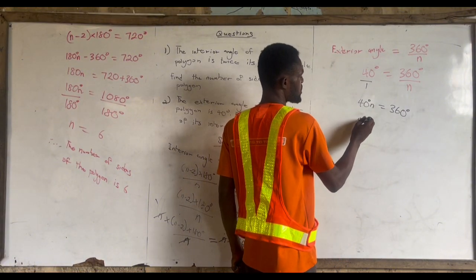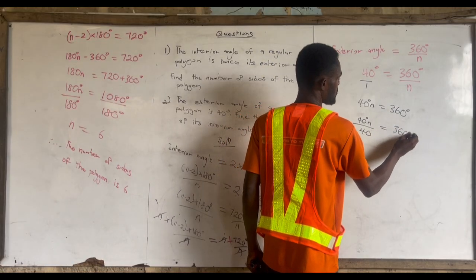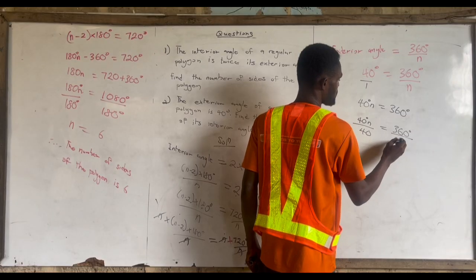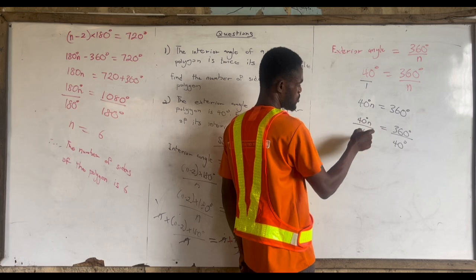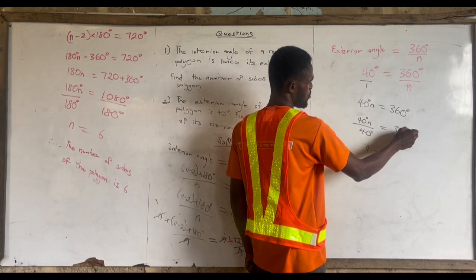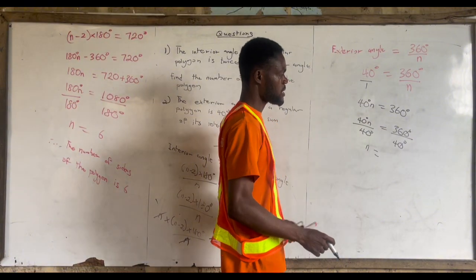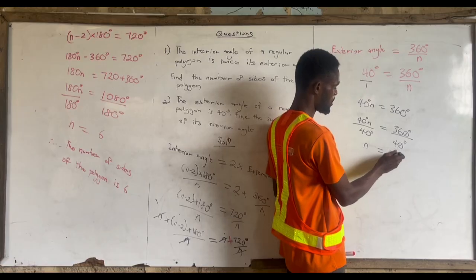So you divide both sides by 40. 40 cancels 40, so we have n, the 0 goes here, and 36 divided by 4, we are going to have 9.